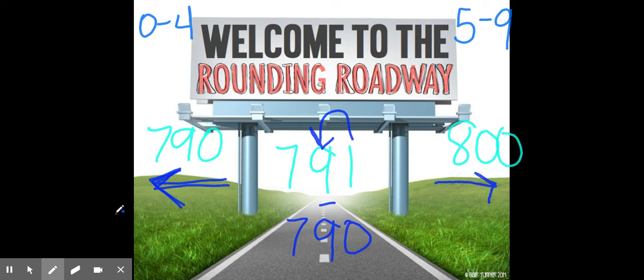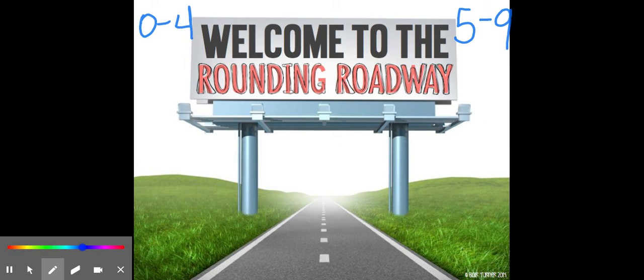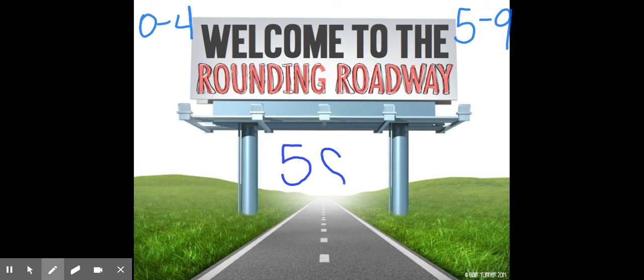Great job, guys. Go ahead and erase your board and get ready for another practice example. All right, this is going to be your last practice example before I show you guys what you'll be doing for your independent practice today. So go ahead and write this number with me, 585.